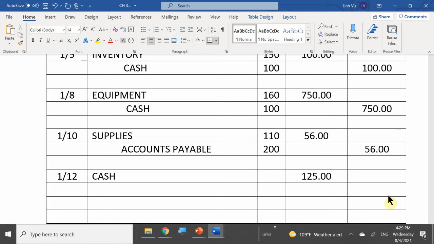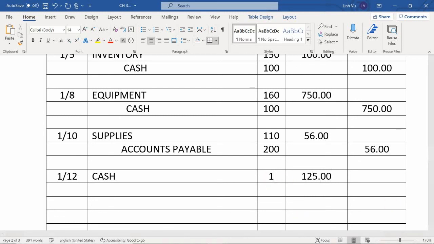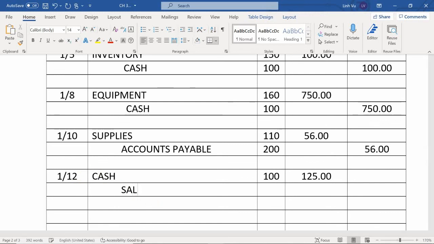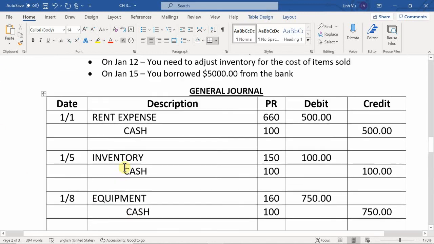And then we have sales there. My credit account here is sales, which is account number 410. And it's going to the credit side. It's going slowly, but it's going.